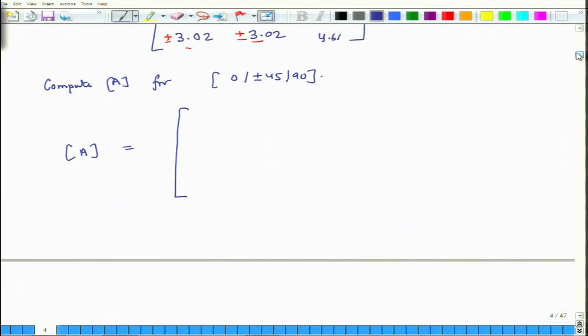So, let us assume that it is T. We are assuming that the thickness of each layer is T millimeters.